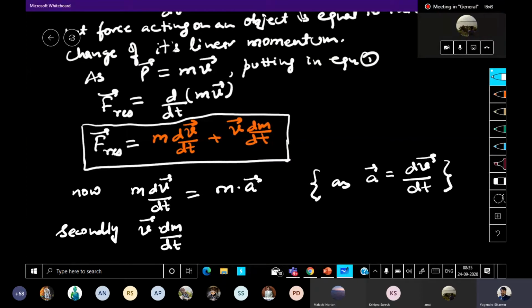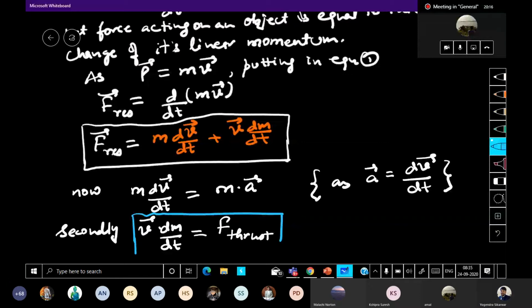But if mass of the object is changing, then dm by dt will not be 0. Then v into dm by dt will be a type of force and that is called F thrust. So this part is important.